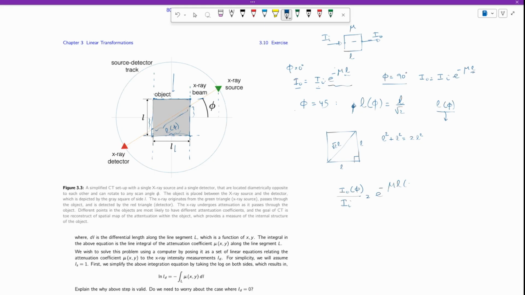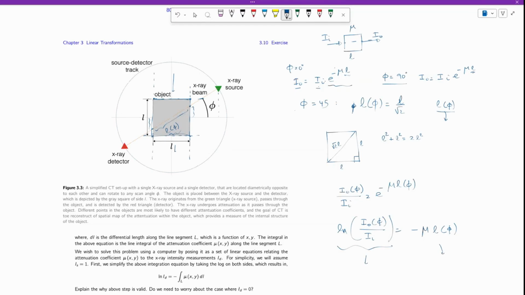If you take the logarithm on both sides, you'll have I naught of phi divided by I equal to minus mu L phi. For different values of phi, you'll get different values on the right hand side and the left hand side.